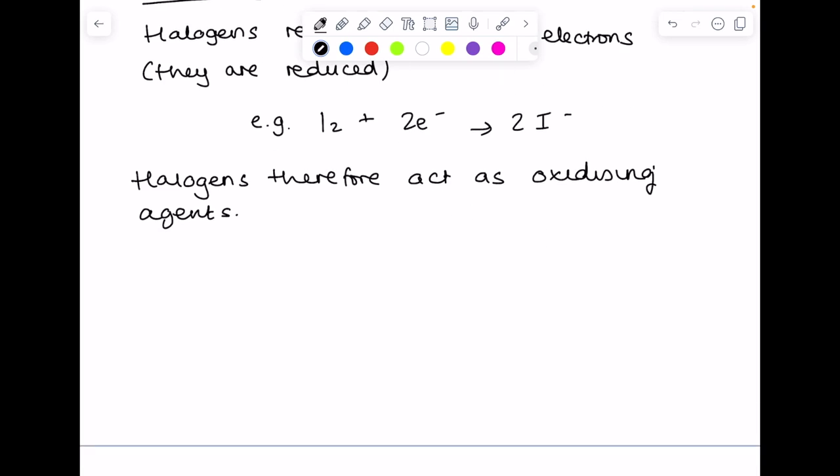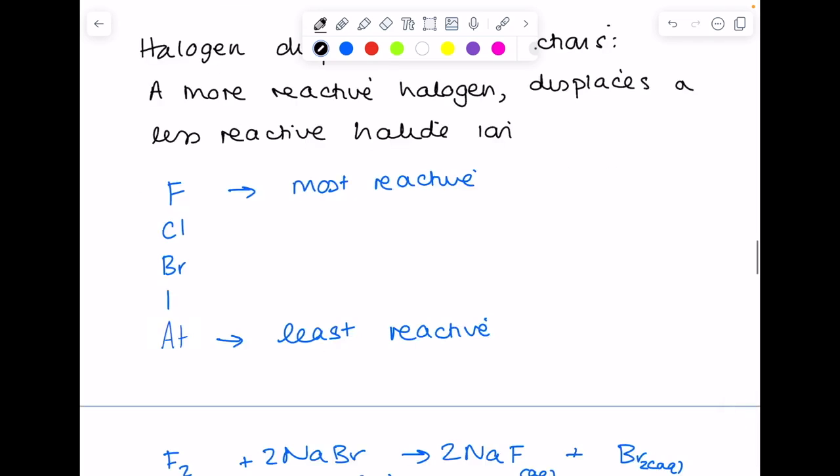Remember, I've already said that as you descend the group, the elements become less reactive. That means they also become weaker oxidizing agents. So fluorine is the most reactive and has the strongest oxidizing ability. Astatine has the weakest oxidizing ability.